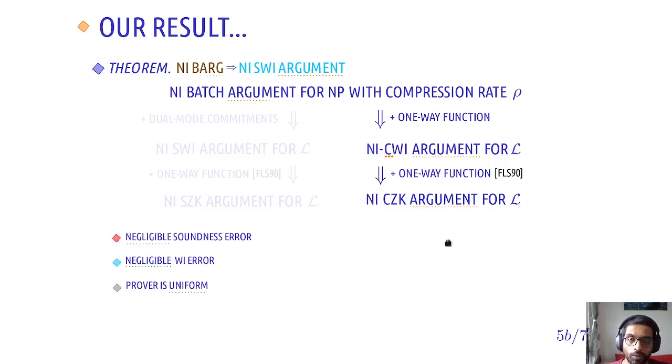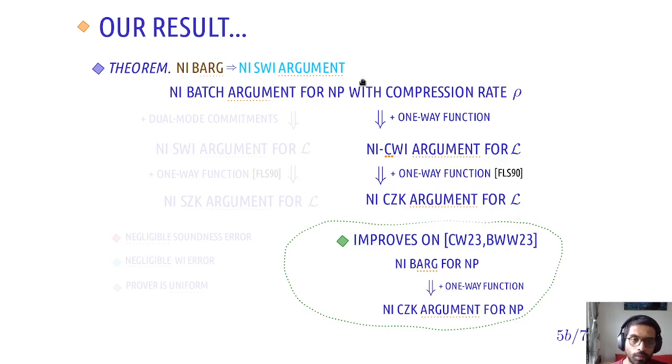Again, if you are willing to relax the hiding requirement to computational, so suppose you are happy with non-interactive computational WI arguments, then we can relax the requirement from dual mode commitments to just one-way functions. And again, this can be extended by the FLS result to a non-interactive ZK argument.